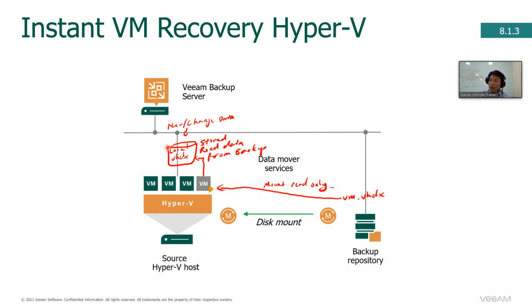Hyper-V will create the local VHDX already that will capture your new and changed data, plus any data that you read from your backup before, it will also store here. So usually for Hyper-V, they already start to do some partial data migration and restore. Okay, so it's a bit different as compared to VMware. And utilizing this in Hyper-V, performance will be a bit better, right? Because your Delta is running on the production host.